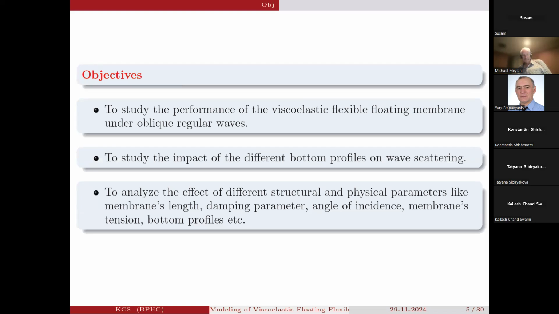Also, we study the impact of different bottom profiles on wave scattering. Further, I have taken different structural and physical parameters and analyzed their impact on wave scattering: the membrane's length, the damping parameter of the floating membrane, the angle of incidence of the oblique waves, and the membrane's tension. The different bottom profiles are also considered in the study.